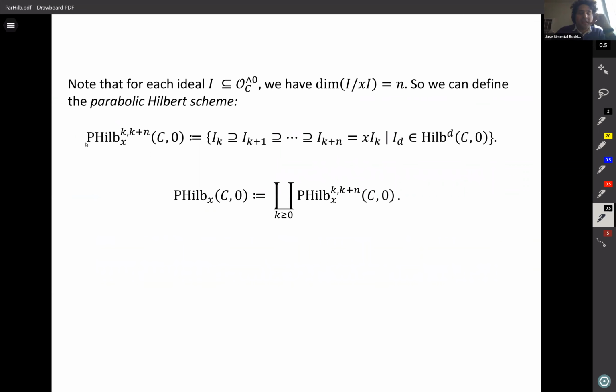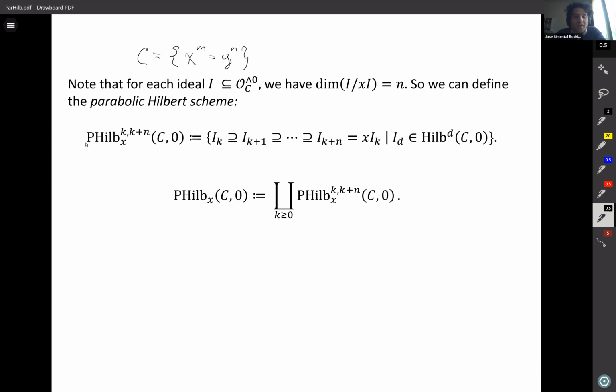If I have an ideal I inside this algebra of germs of functions, I have that the dimension of I mod xI is precisely equal to n. Remember that here I am dealing with the curve x to the m is equal to y to the n. So I can consider all those subspaces in I mod xI which are stabilized by the action of y.